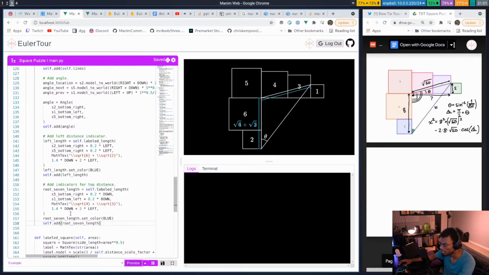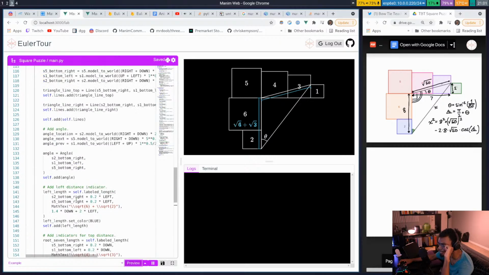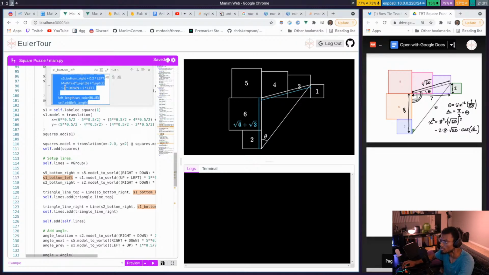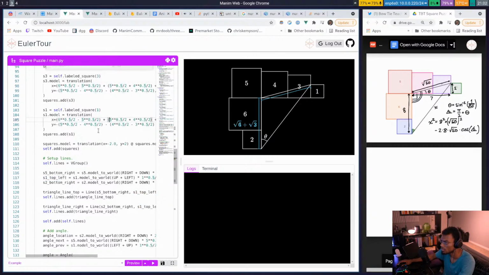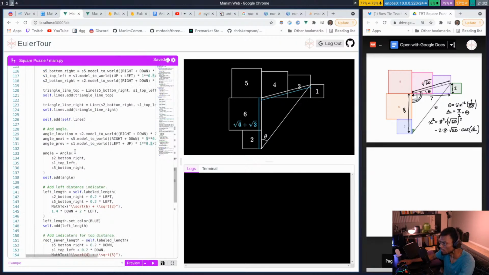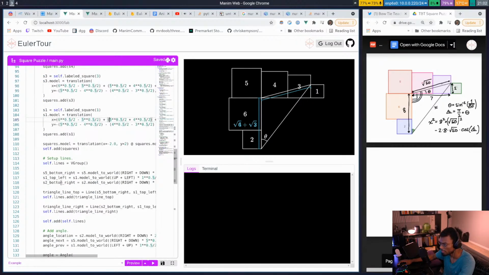Oh, I need the bottom left. Oh, was this just wrong? S1 bottom left is the top left. S1 bottom left doesn't have a name yet.